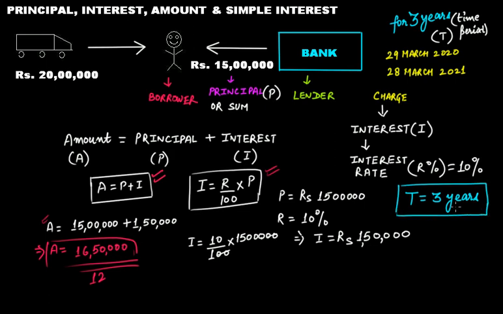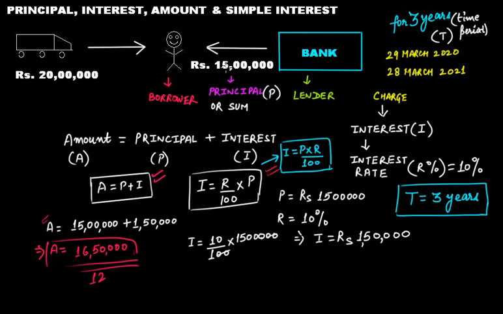Okay. Now, look very carefully. In this case, I comes as P times R, or R times P, whatever you want to say, P times R divided by 100. And of course, this was for 1 year only. If this was the interest for 1 year, then what will be the interest for 3 years?